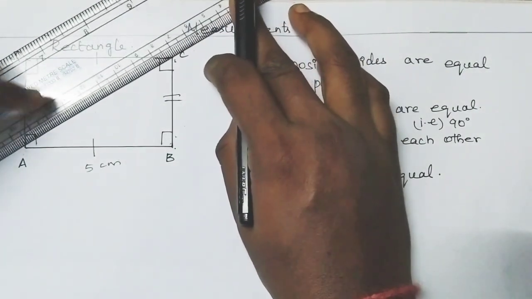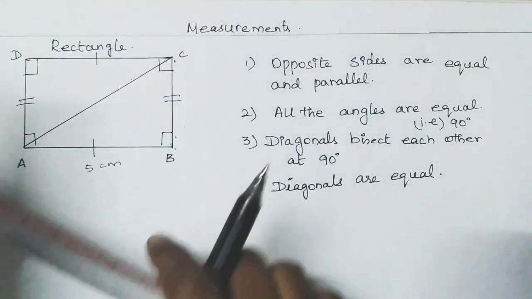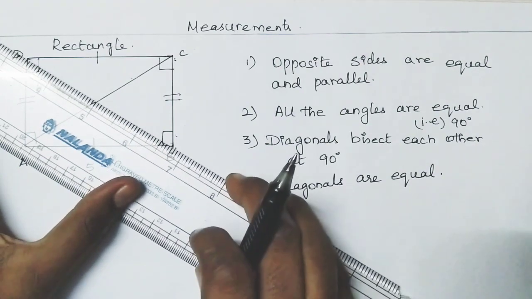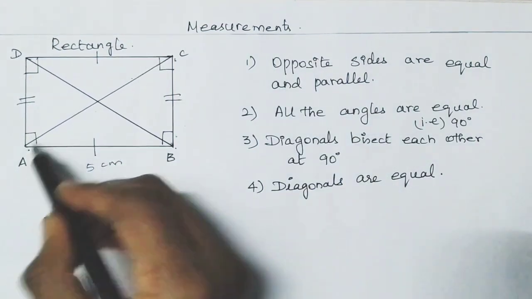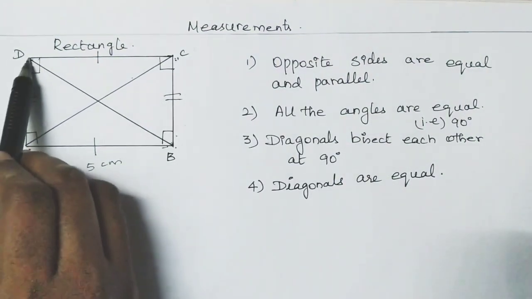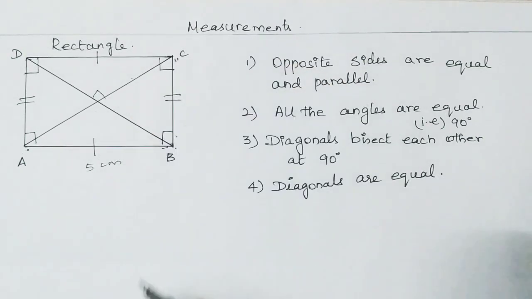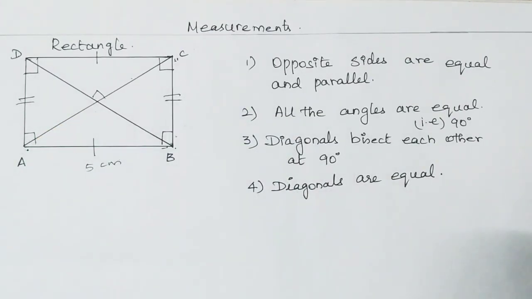Here AC is one of the diagonals and BD is the other diagonal. Both the diagonals are equal. AC is equal to BD, and the diagonals bisect each other at 90 degree. These are all the properties of rectangle.